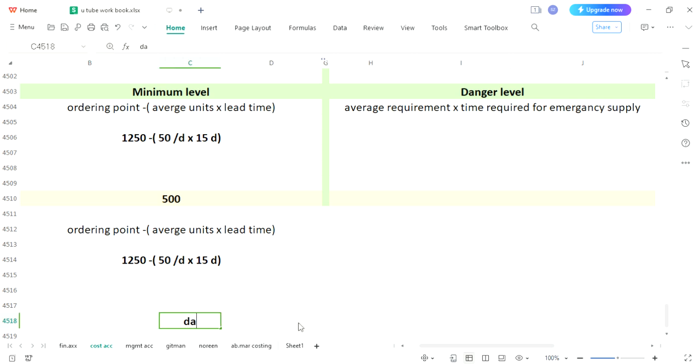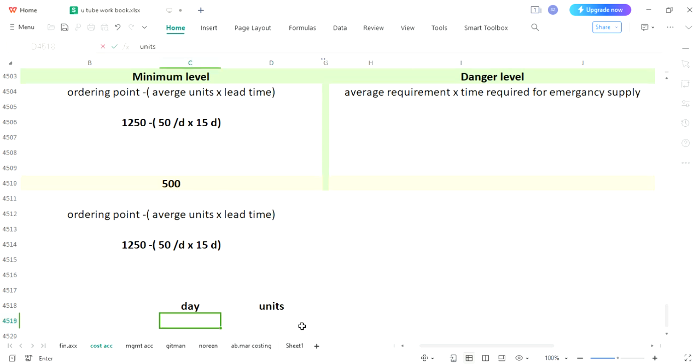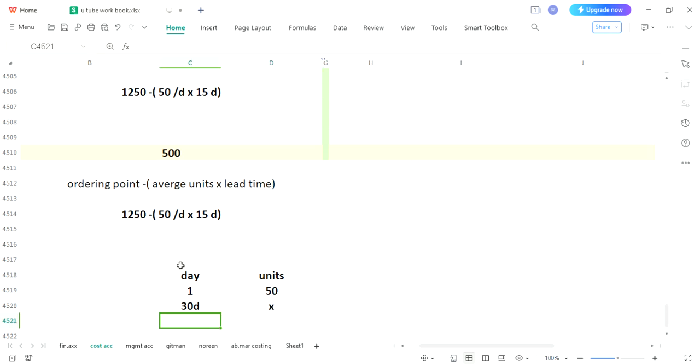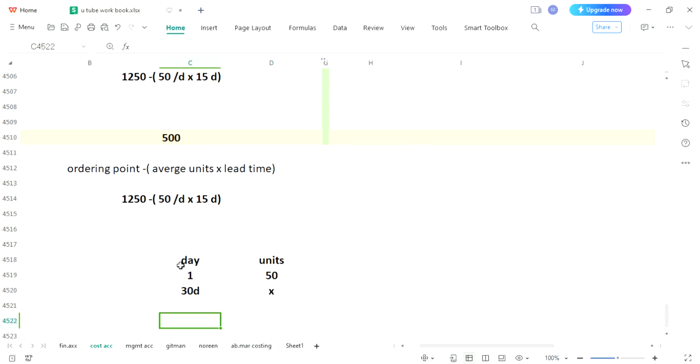It's a relationship between days and pieces or units. We are talking about reams. So in 1 day, we have number of units 50, and we want to see in 30 days, as we have assumed that in a month we have 30 days. So now let's calculate how many units in 30 days.